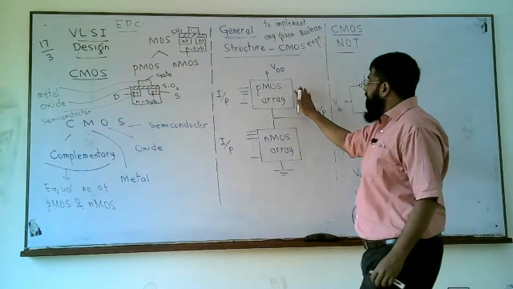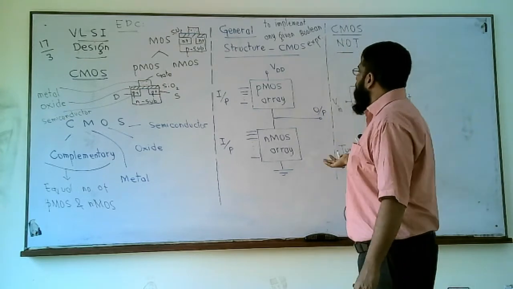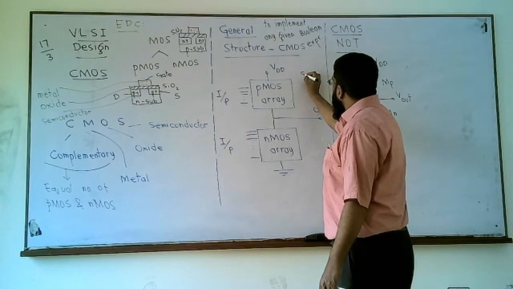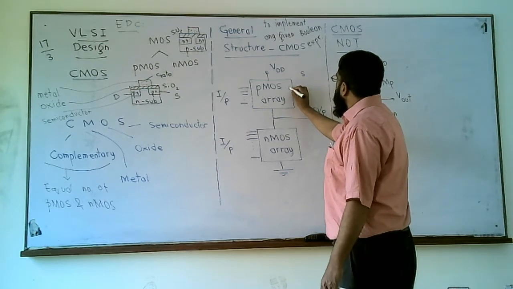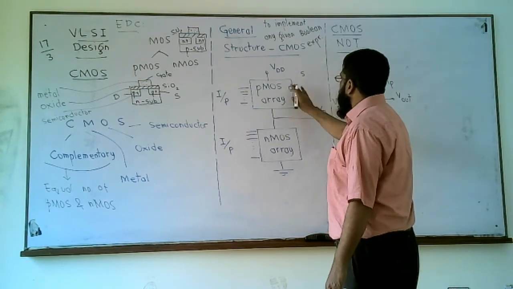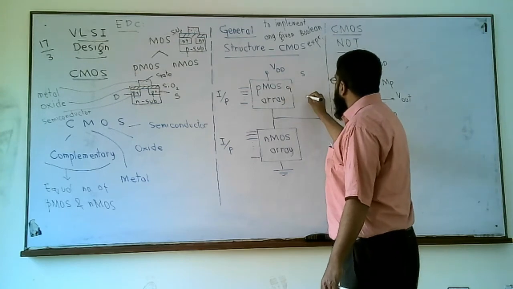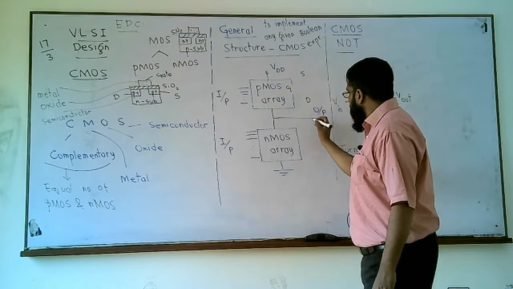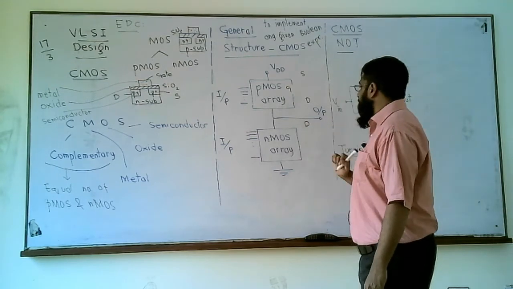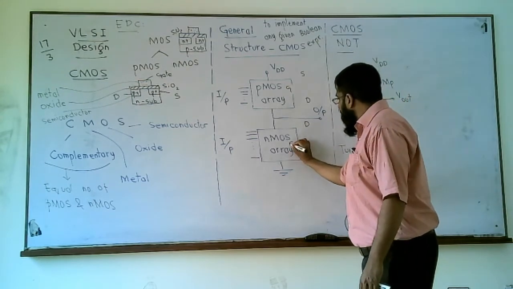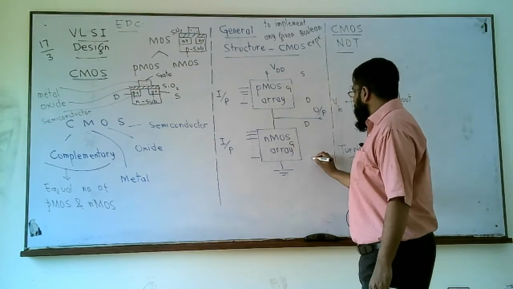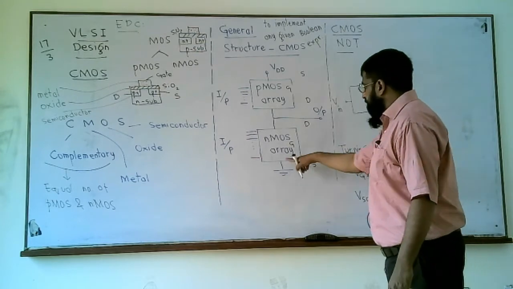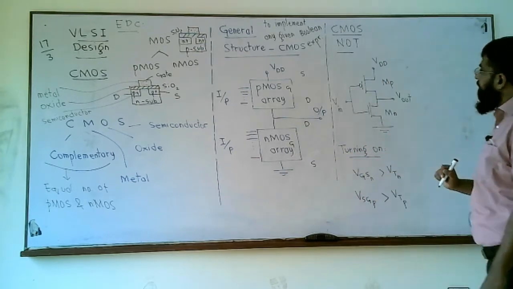So this pMOS array is connected like we have all the source terminals on top, gates on the left, and drain to the bottom. And all nMOS are connected like they have drain terminals on the top, gate on the left, and source in the bottom. And the source of certain transistors will be connected to ground.